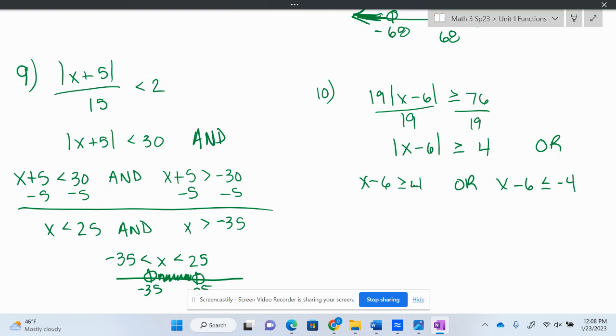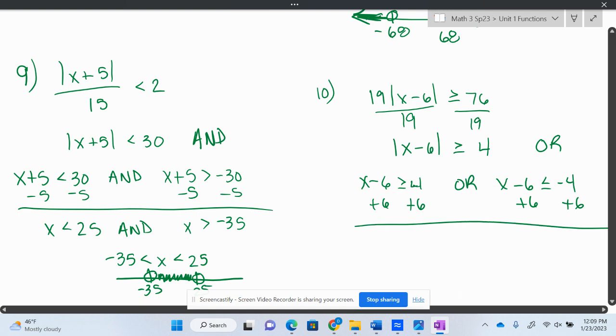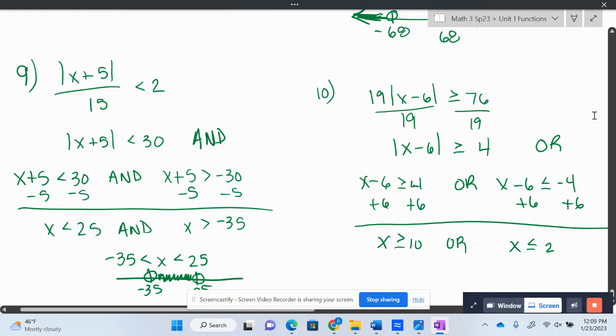So what should I do to everything? Add 6, here, and here, and here, and here. Just do it all at once. So when I add 6 to everything, x is greater than or equal to 10, or x is less than or equal to 2.